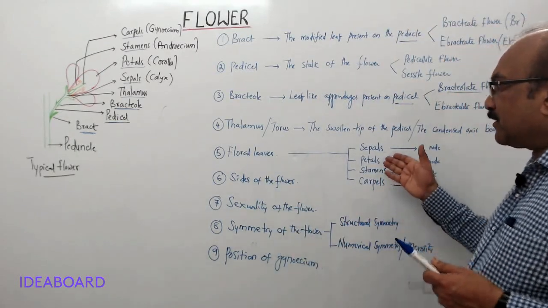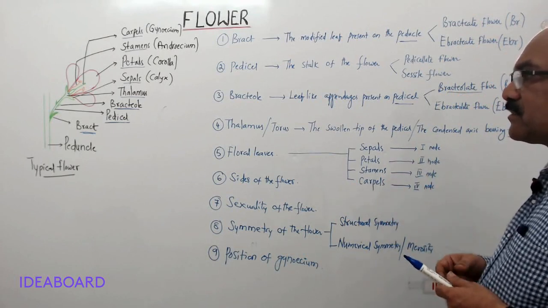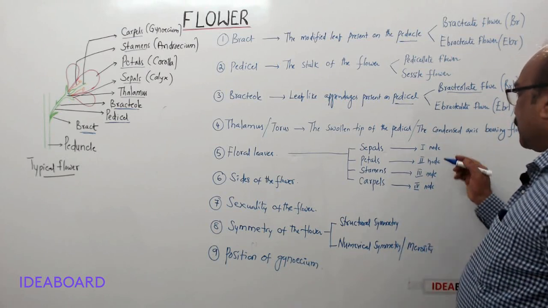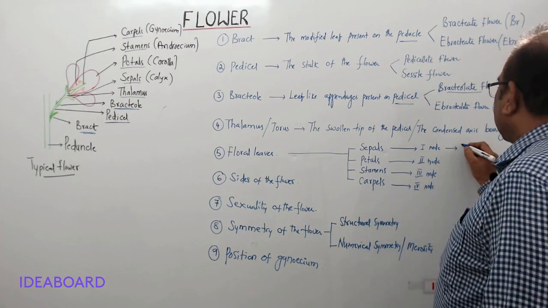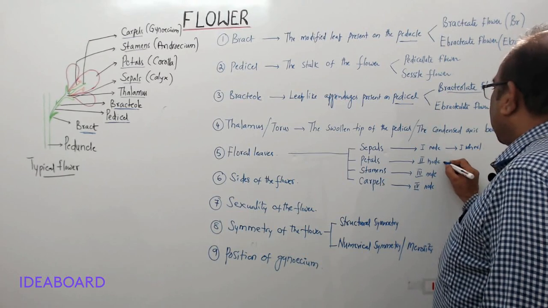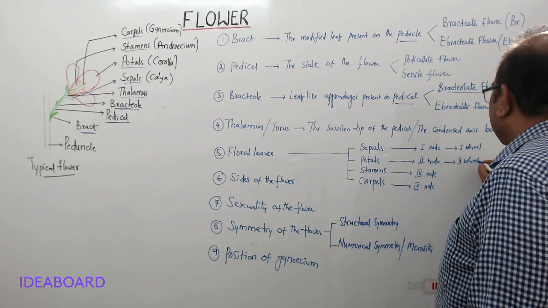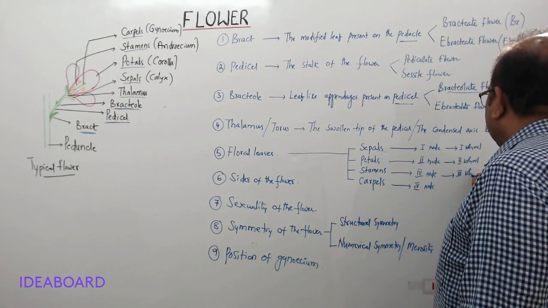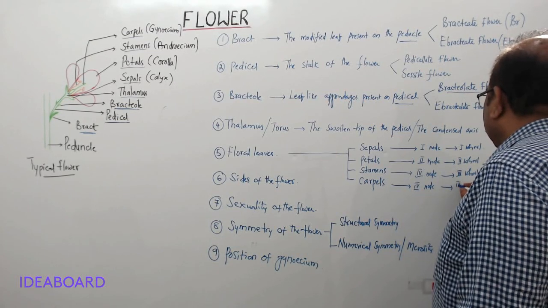So now, if these are leaves, what phyllotaxy will you find in the flower? Whorled phyllotaxy. So the sepals are arranged in a whorl. So it forms the first whorl, and the petals will occupy the second whorl, and stamens will occupy the third whorl, and the carpels will occupy the fourth whorl.